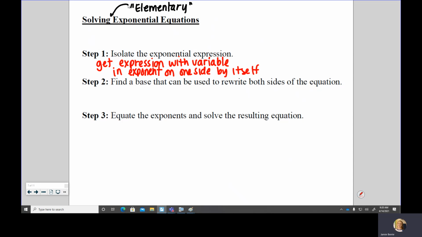So find the expression that's got the variable and the exponent. Sometimes you'll have 2, so you'll just get each one of those on one side by themselves. But get that expression with the variable and the exponent on one side by itself.